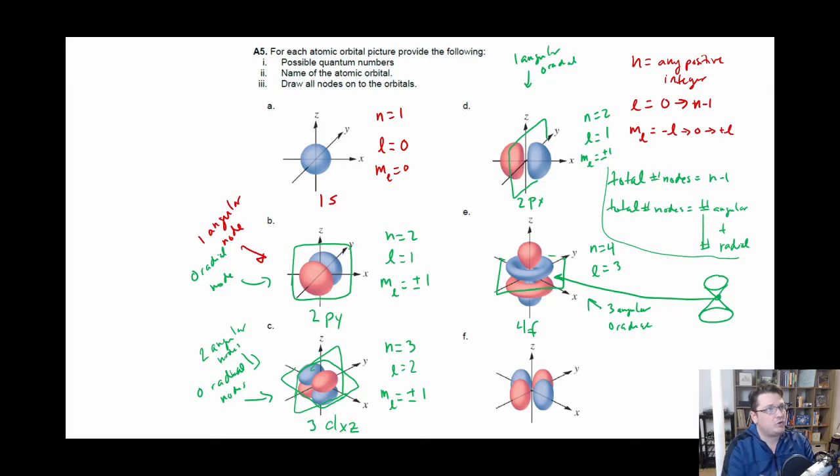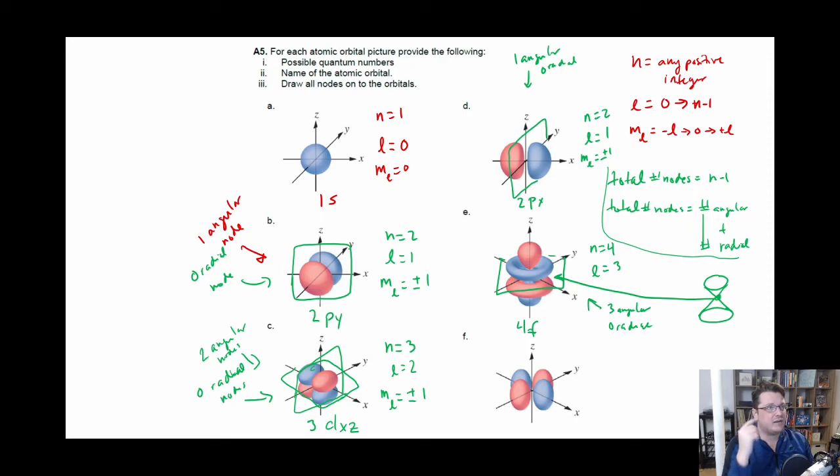And so then now the question becomes, what is the directionality of what we're looking at? All of the ones that have those typical lobes with the donuts on them, those are all the z direction in this case. So if you ever look at the 3dz squared, you can see that that's that direction.